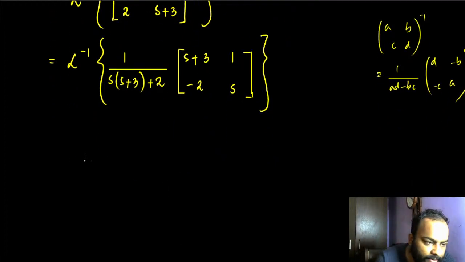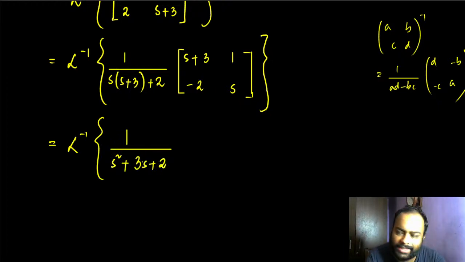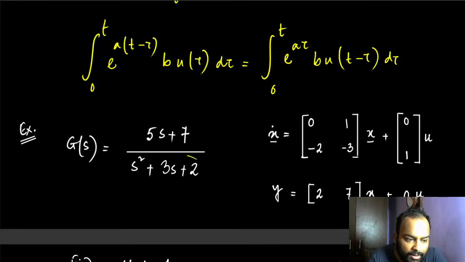But here you see, Laplace inverse of what do we have? Here we have 1 by s square plus 3s plus 2. Notice that this looks awfully similar to the denominator of the transfer function. We will come back to this in our next class.